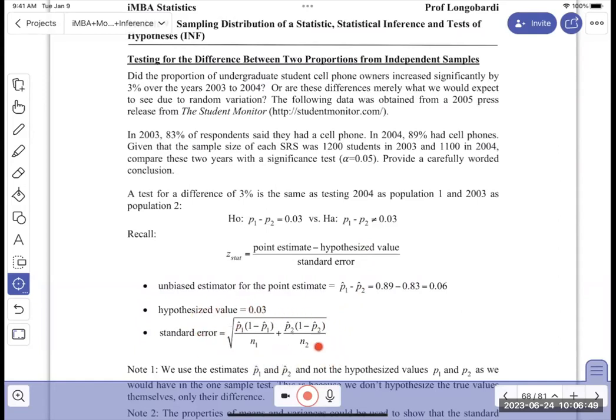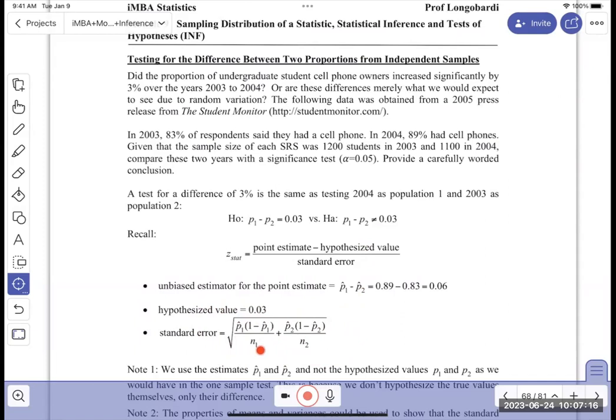So this is the standard error you're going to use for independent samples. Remember, for dependent samples, we just subtracted the pairs, but this is what we have to do for independent samples. So it's just a different standard error calculation. It looks familiar, right? Because this is like the variance.